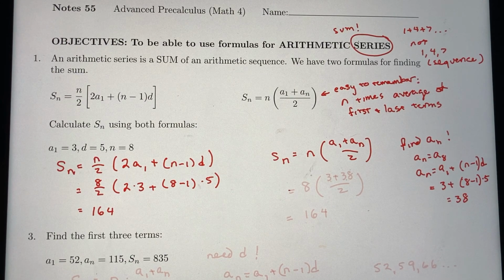Okay, once we've got that, it's all pretty straightforward. Stuff into a calculator. Is this 164? Yes, it is. Kill surprise.